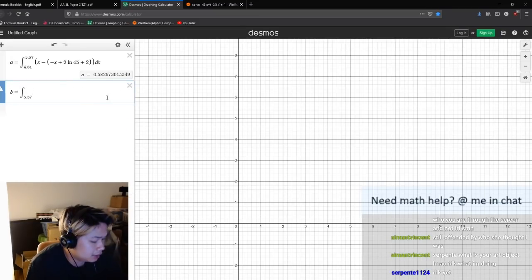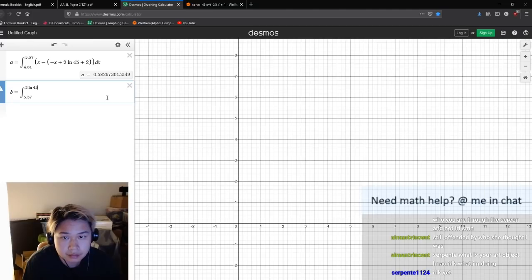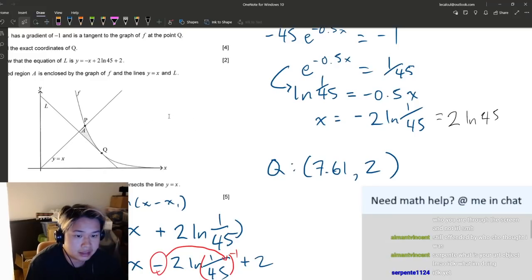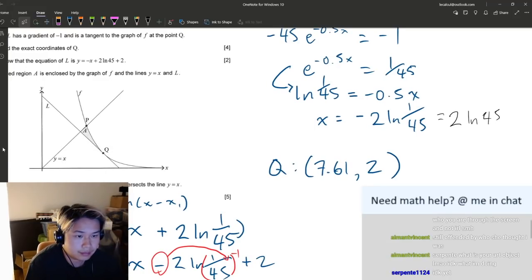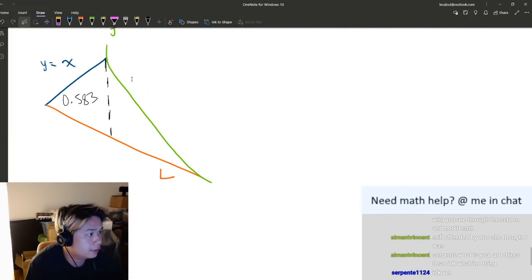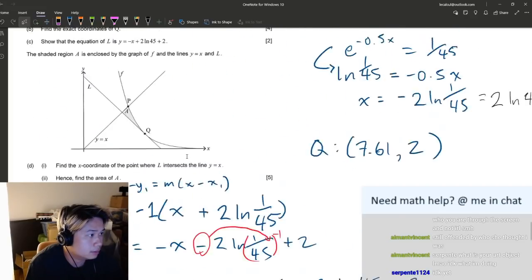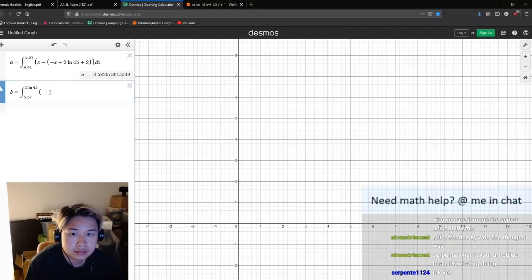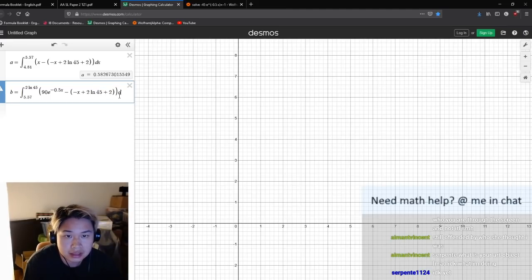So that's the upper bound of my integration, to natural log 45, and then I'm going to integrate f minus L. So in other words, 90 times e to the power of negative 0.5x minus negative x plus 2 natural log 45 plus 2, dx.